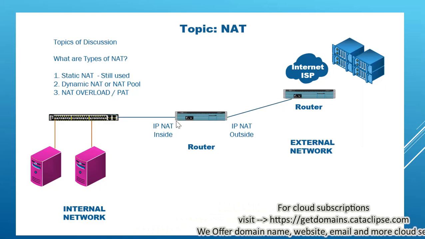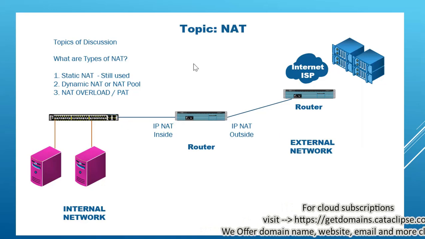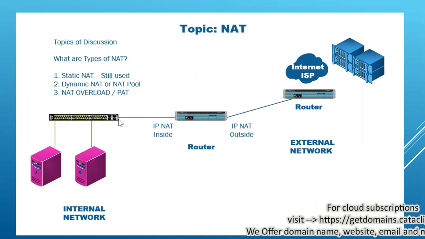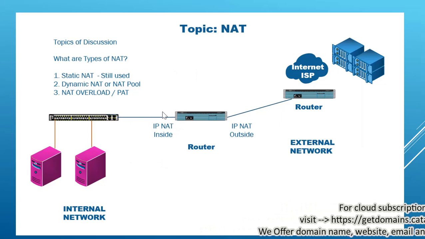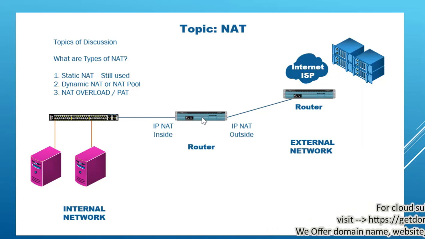The IP NAT inside link is basically the IP address that is yours. You provide that IP address, and this internal link is called the transit link. Sometimes this CE router could be just your firewall, could be any firewall, Juniper, ASA, Fortinet.